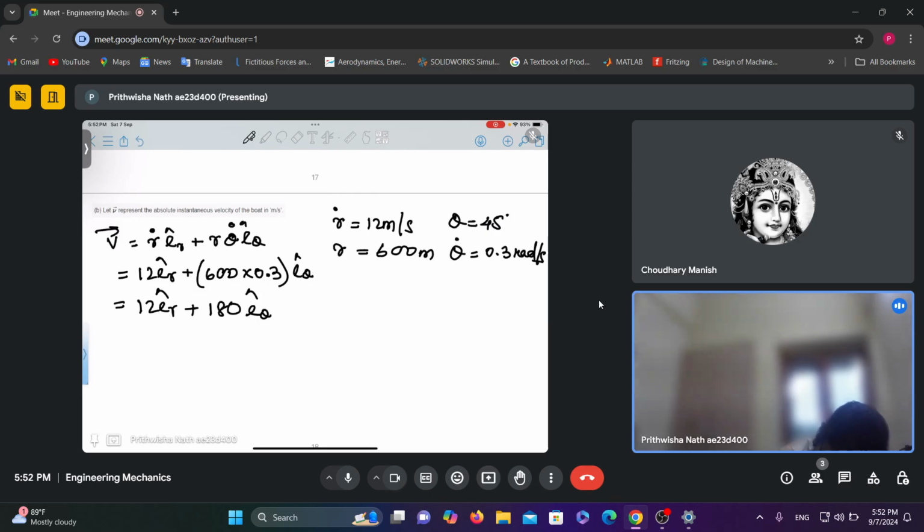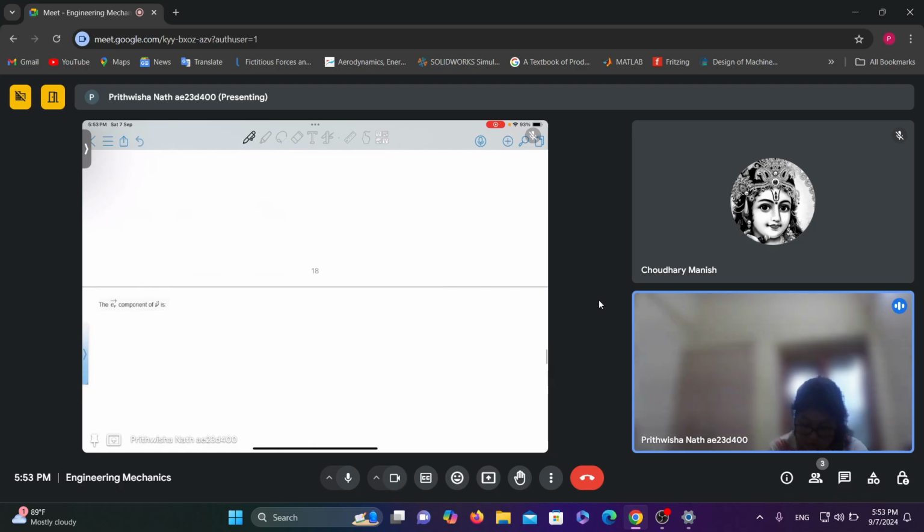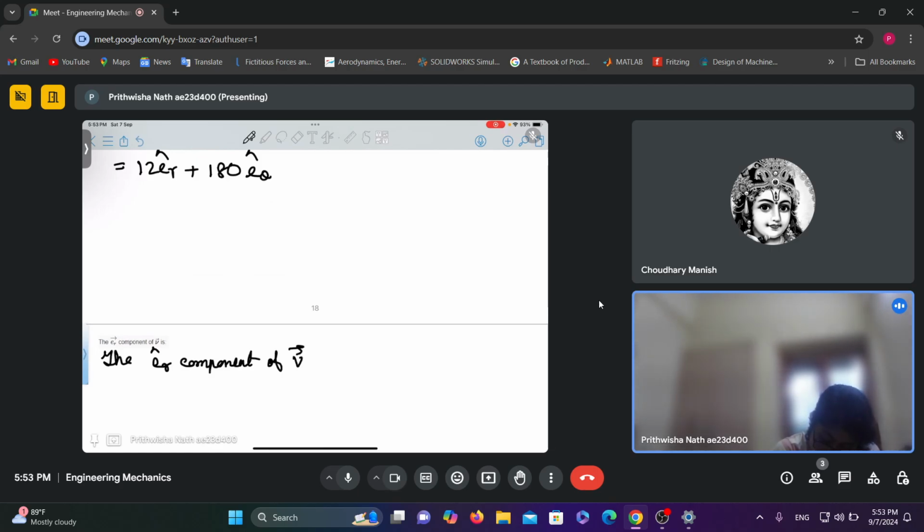So I just need to substitute these into the equation. We are asked to find the ER component of V. The ER component is nothing but 12. So the ER component of V is 12 meters per second.